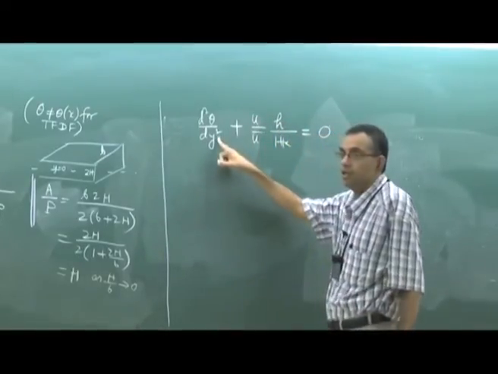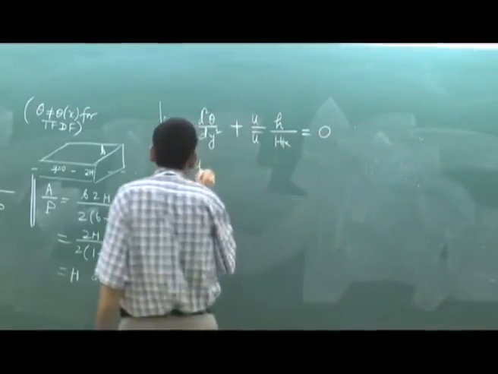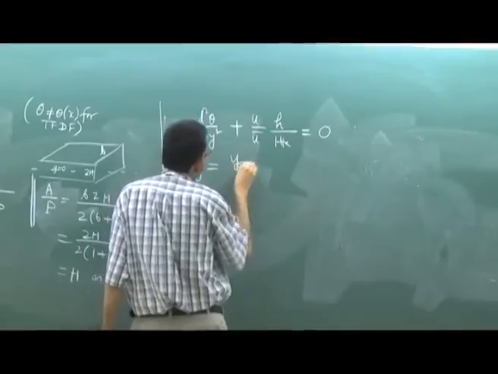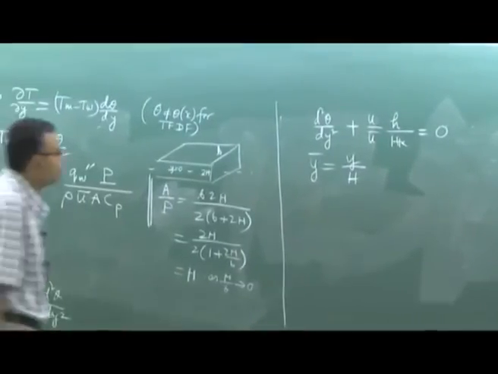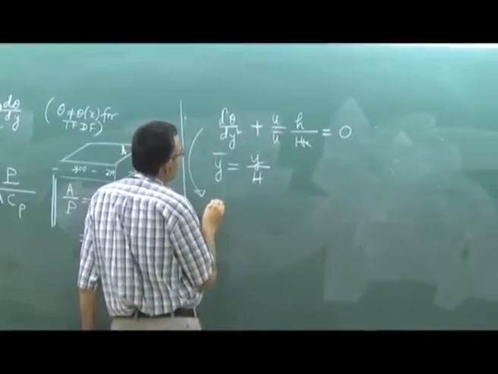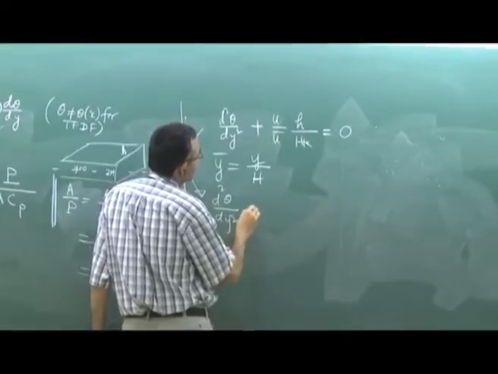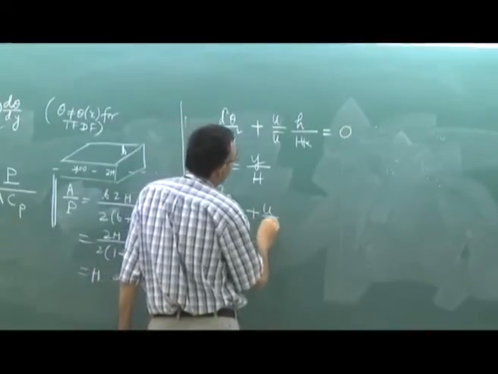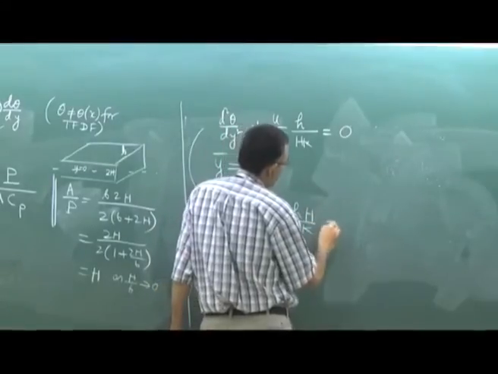Now you can non-dimensionalize this, right. You can define a new parameter y bar as y by h. So if you define a new parameter y bar as y by h, then this will be d2 theta dy2 plus u by u bar h by k is equal to 0.